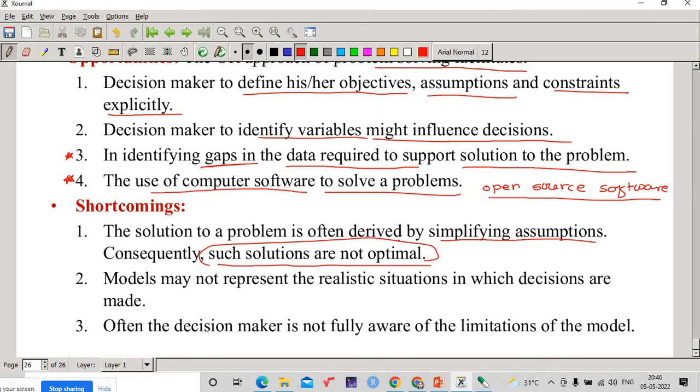Definitely this is the shortcoming. Models may not represent the realistic situation in which decisions are made. So that will definitely lead to the wrong decisions. Okay. After this, often the decision maker is not fully aware of the limitations of the model.